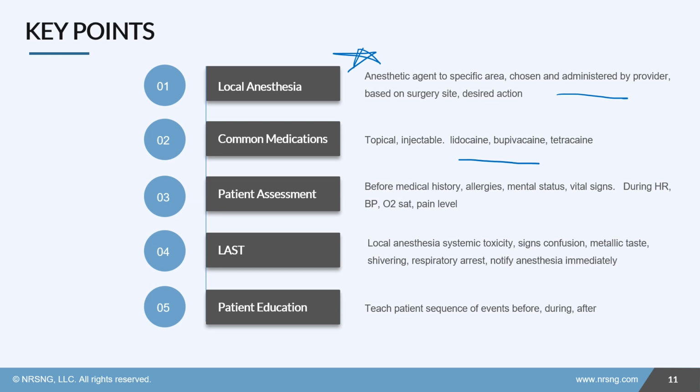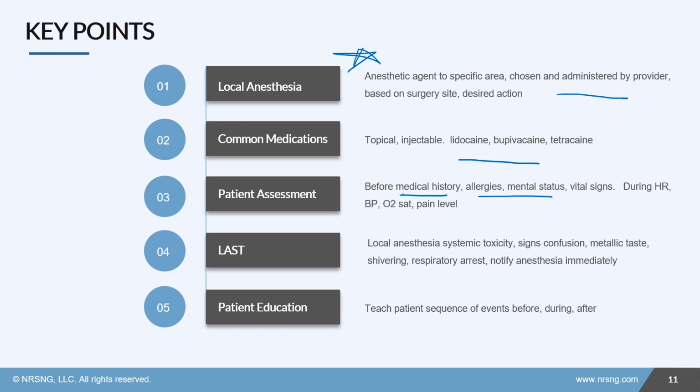Before administration of local anesthesia, we want to have an assessment including the medical history, allergies, mental status, and vital signs. During the procedure, one RN is dedicated specifically to monitoring the patient and will keep an eye on vital signs and pain level.